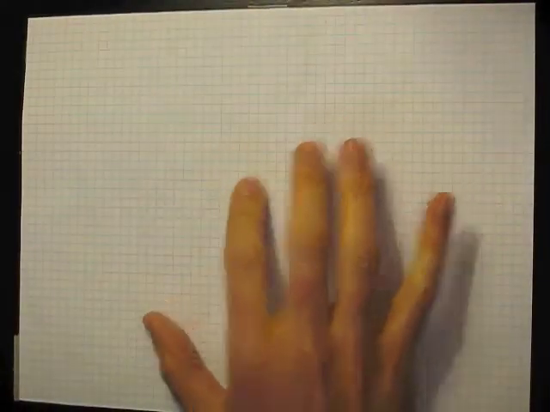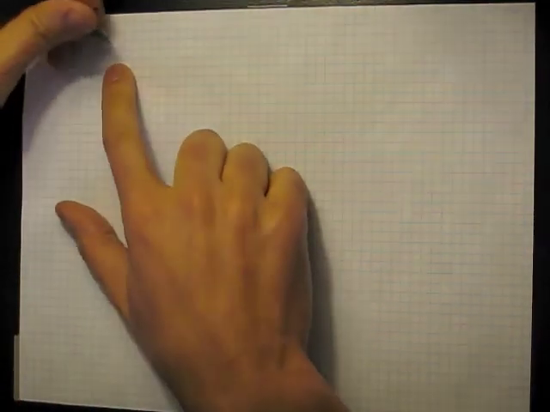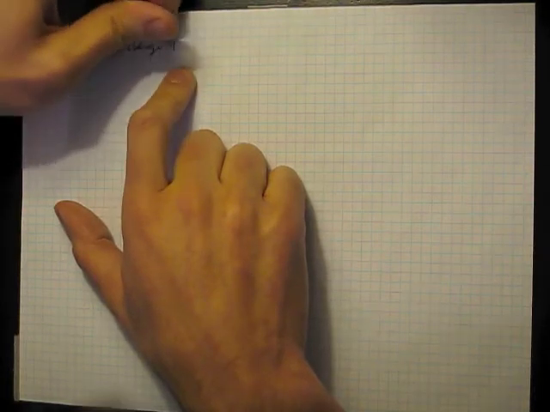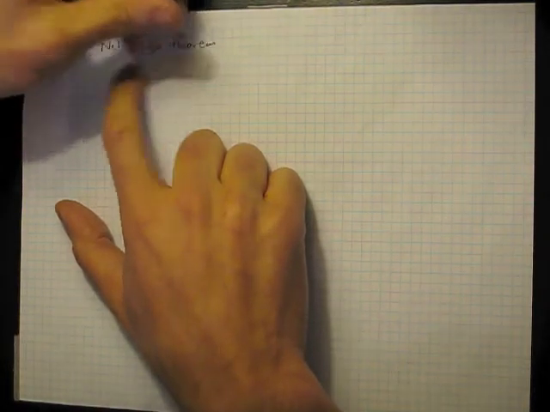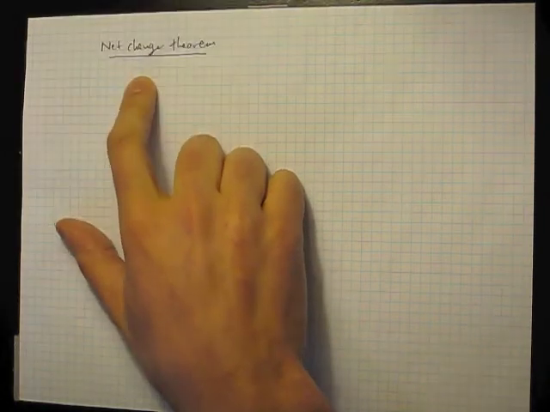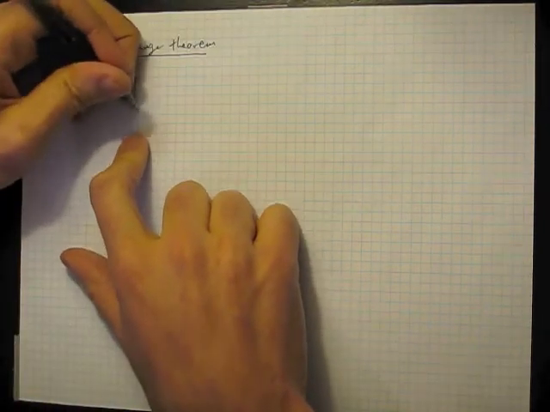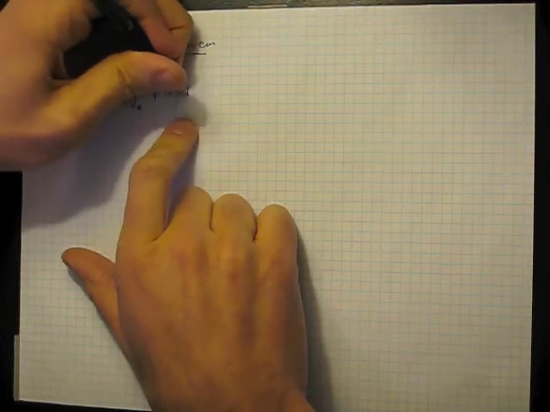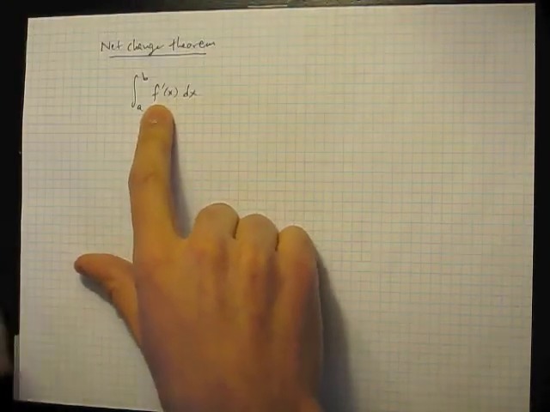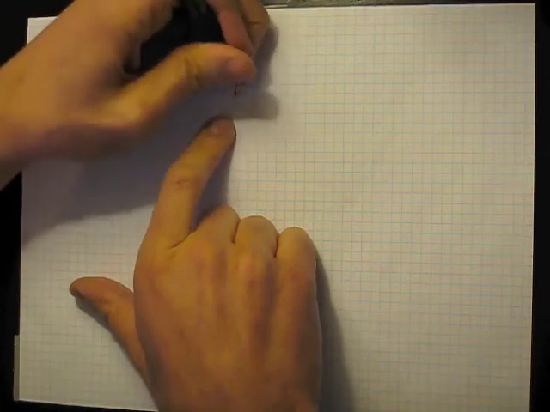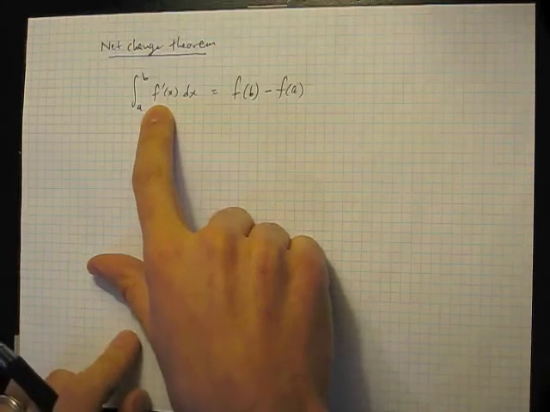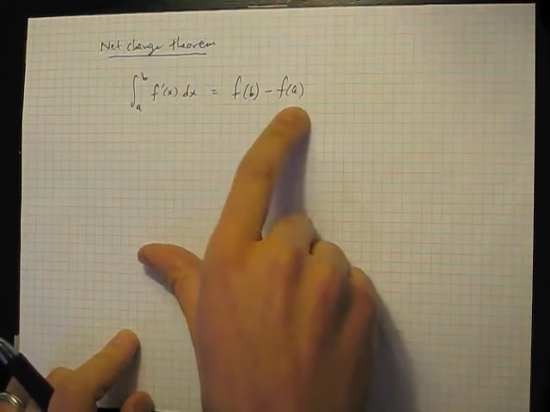That is indefinite integrals. So let's talk about another part of this section, which is called the net change theorem. We talked a little bit about this last time. Here's what it says. If you have a definite integral of a rate of change, f prime is a rate of change, then by the fundamental theorem of calculus, just take the antiderivative of f prime, which is f, and plug in b and a.